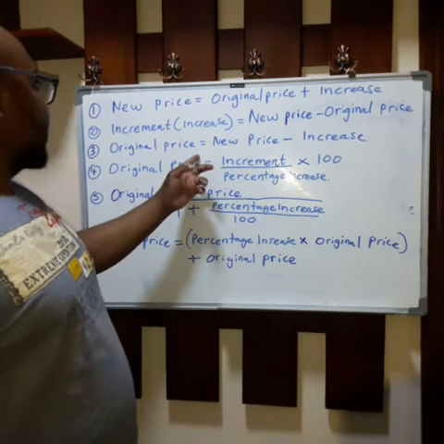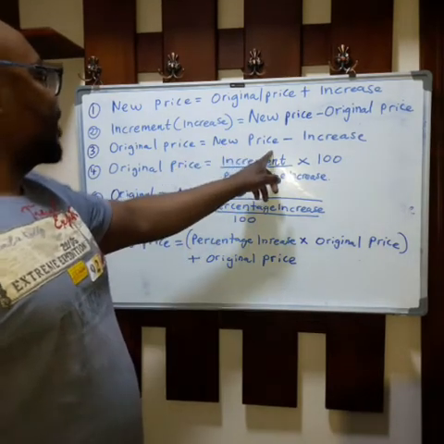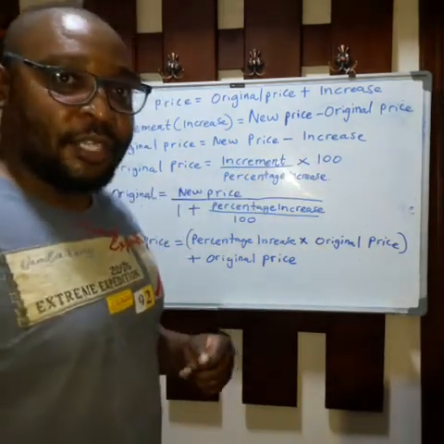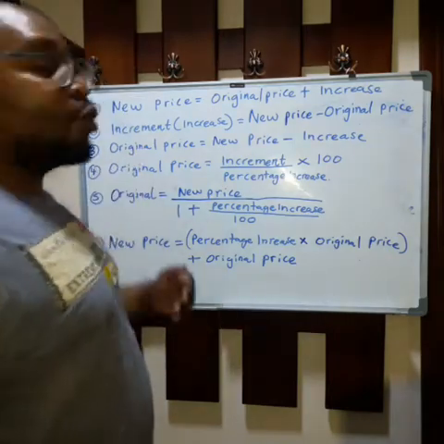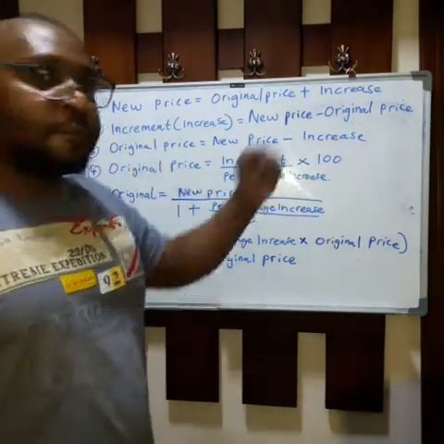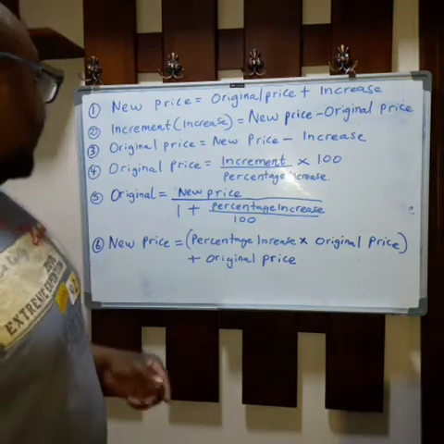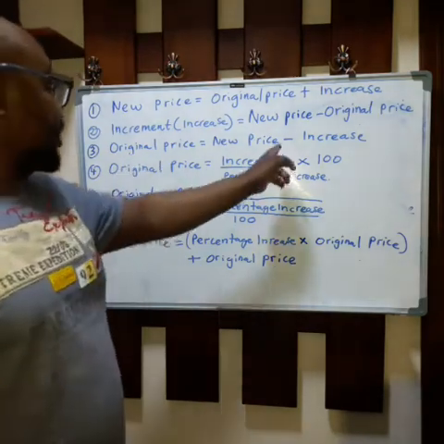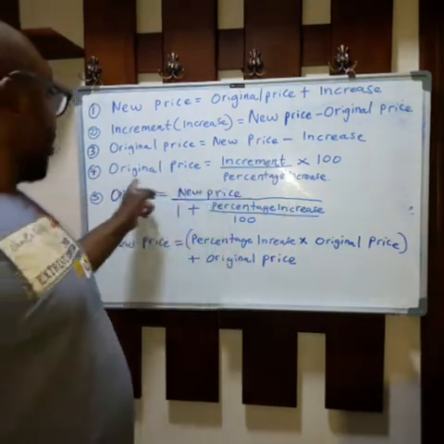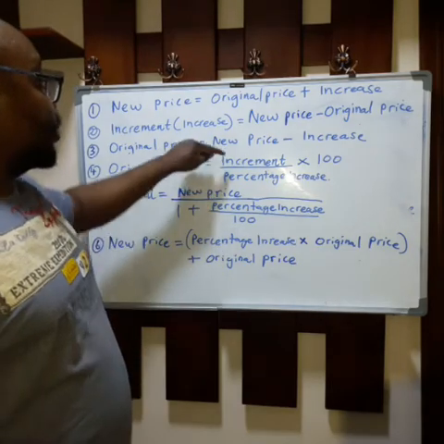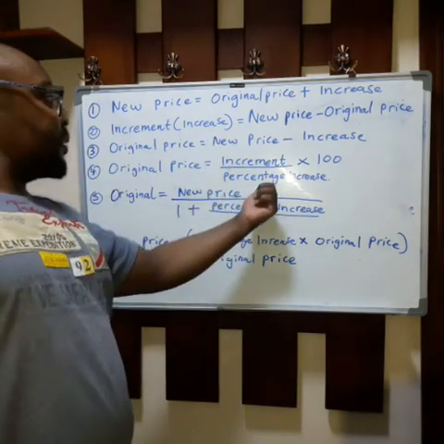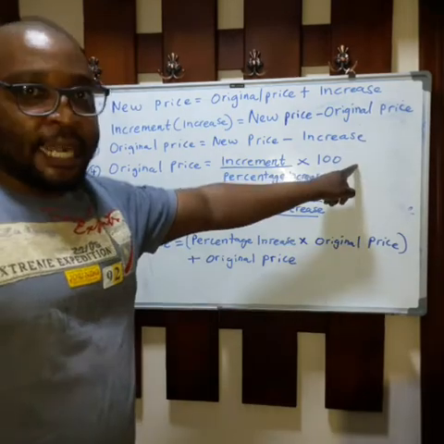Original price is equal to new price minus increase. It's another formula. If they say calculate original price, you can use this formula. However, in some cases this formula might not work, then you might need to use this one. Original price is equal to increment over percentage increase times 100.